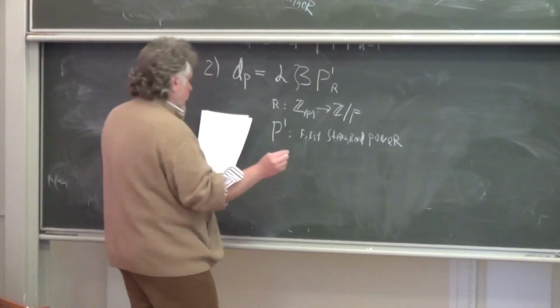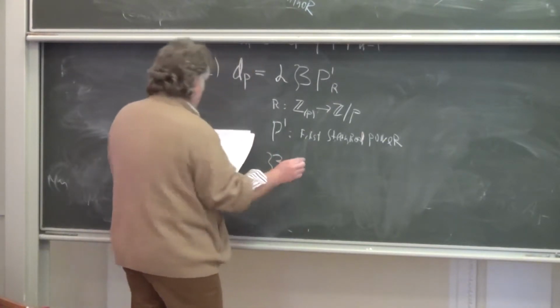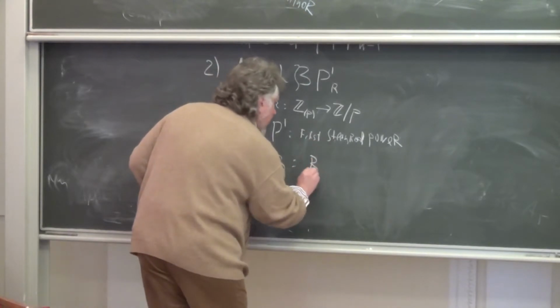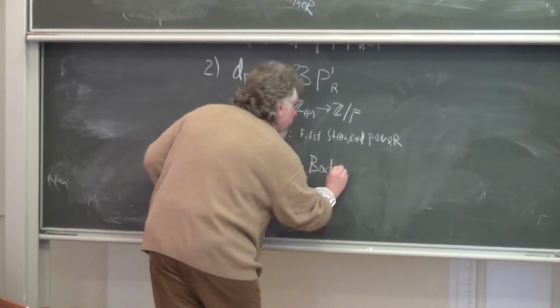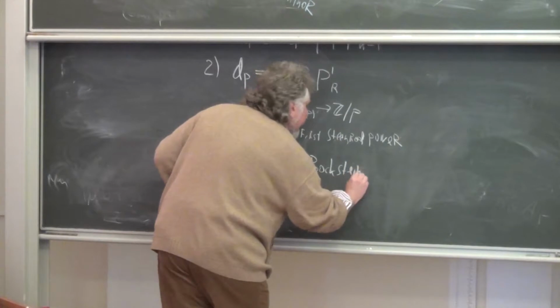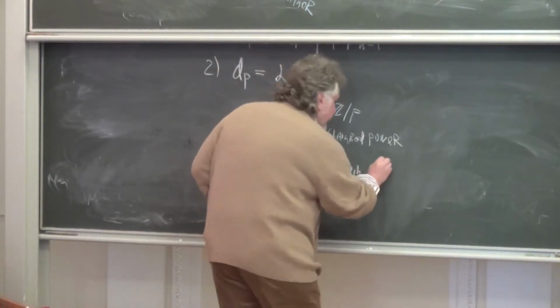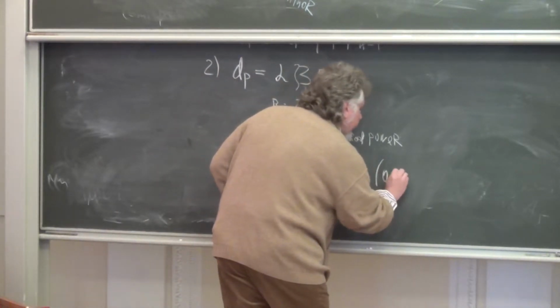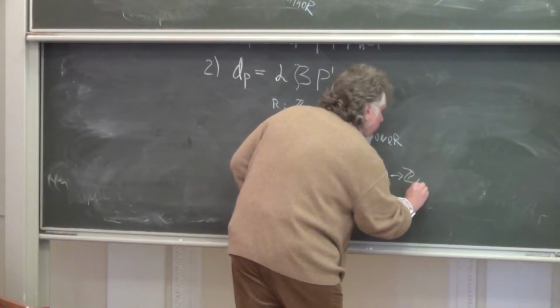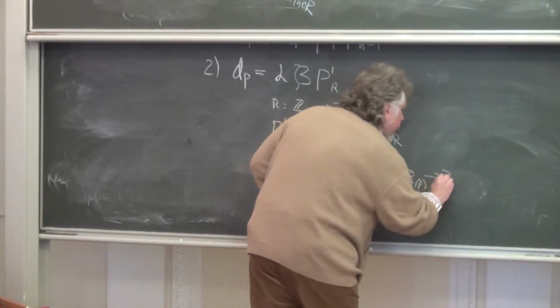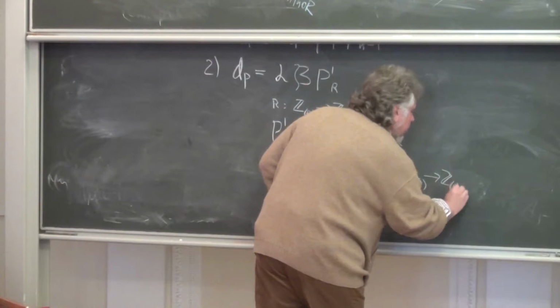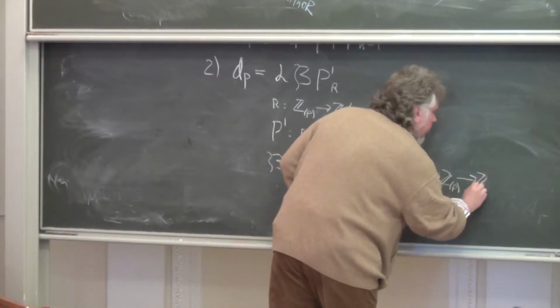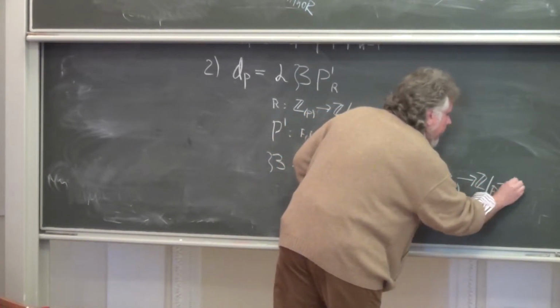B is the Bockstein, corresponding to the short exact sequence: 0 to Z p-local, multiplication by p, Z p-local, Z over p, 0.